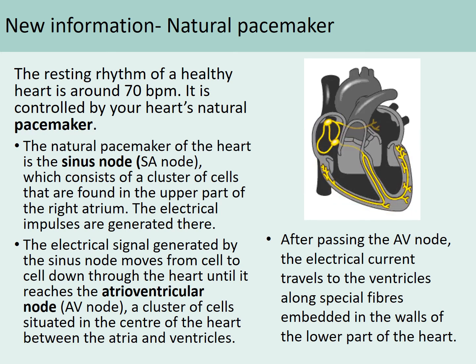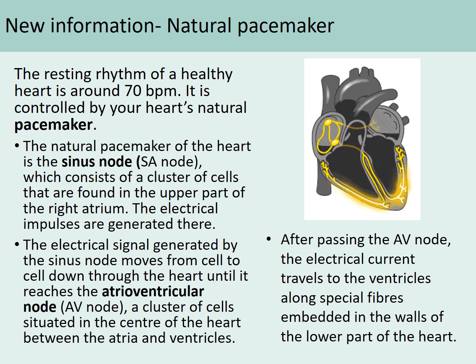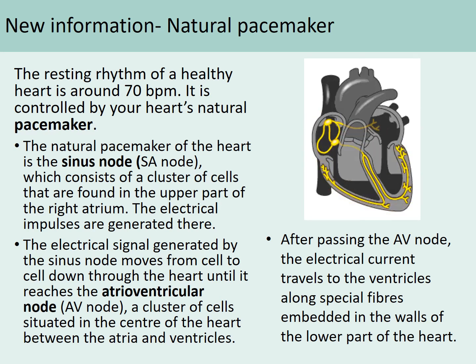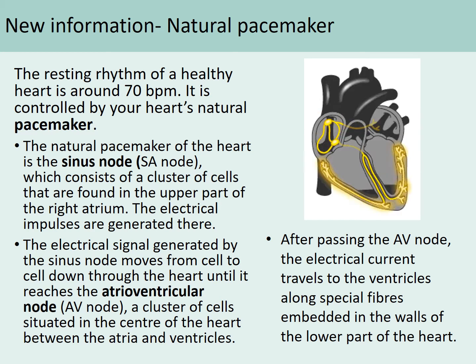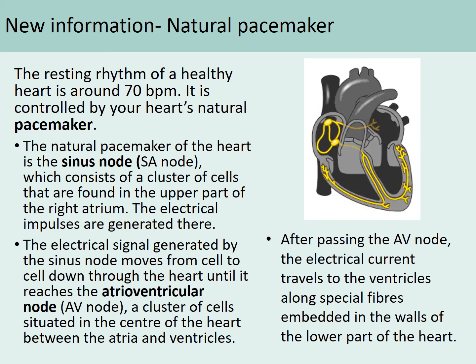So that's why at the beginning of a heartbeat, you've got the atrium contracting first, because that's where the electrical signal first appears, and then the ventricles afterwards. That's what creates, as I said in lesson 1 of this week, that lub-dub sound.